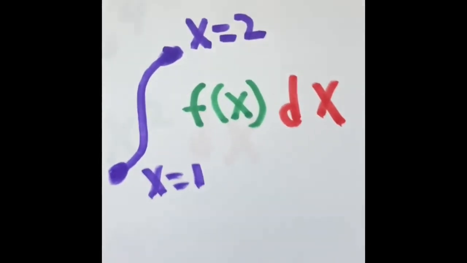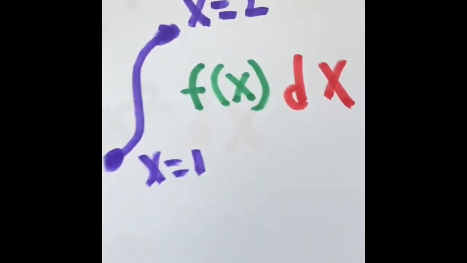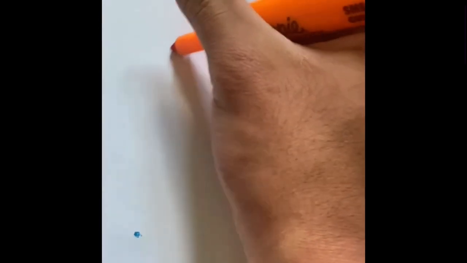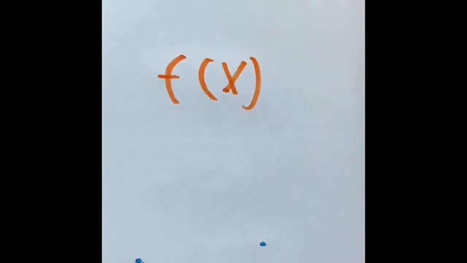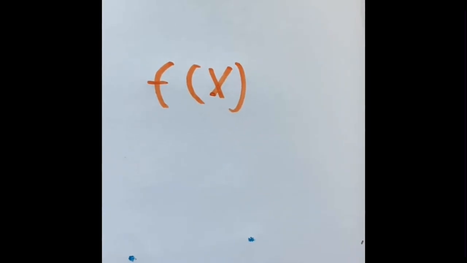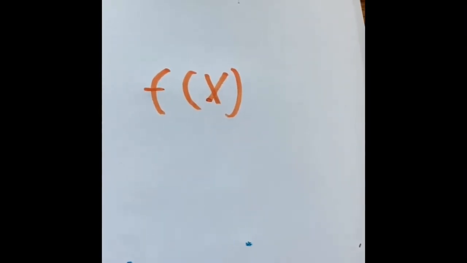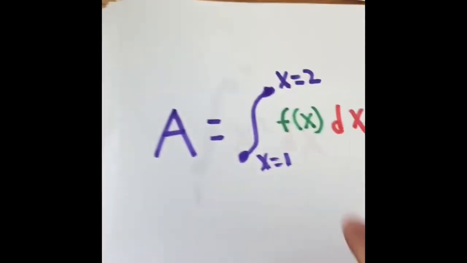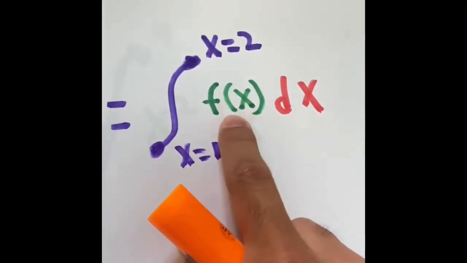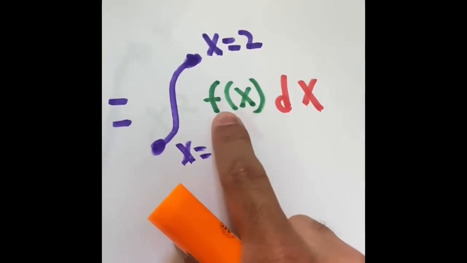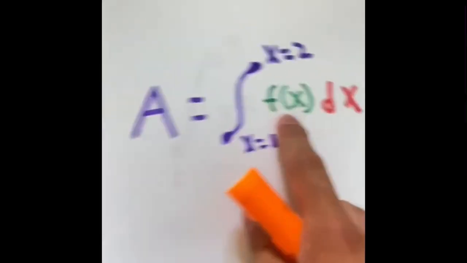So let's look at the second part, f of x, or the function. If you were ever in algebra and you heard of the symbols f and x, that is saying it's the function of x. It plays a role when you find the area under a curve. Not only does it make the equation more sensible, but it also describes what the line or the slope of that thingy is.